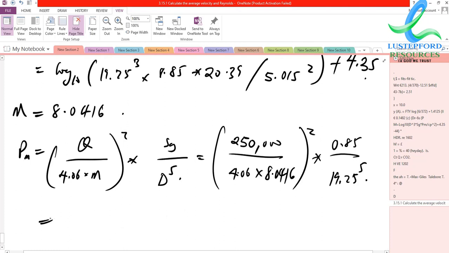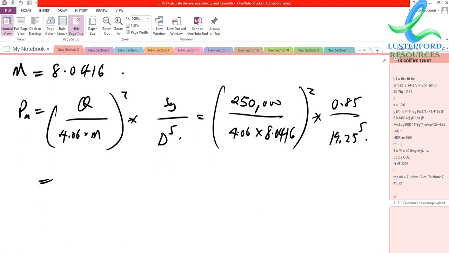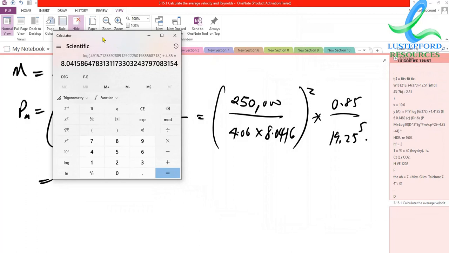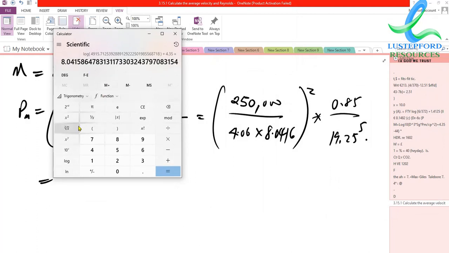Now we'll have our M to be this. Take the inverse of it. Multiply 25,000 to it. Divide 4.06 to it. Then square. Multiply 0.85 to it.